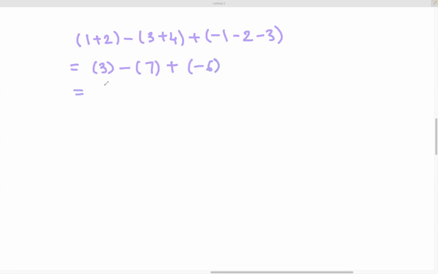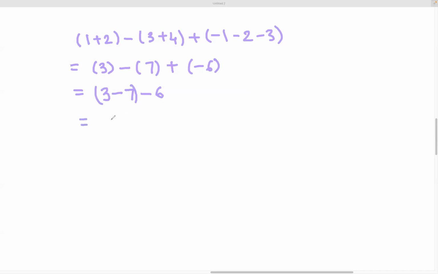And after that, we could bring this out of the parenthesis. So this becomes 3 minus 7 minus 6, right? So we could think of performing this calculation first.